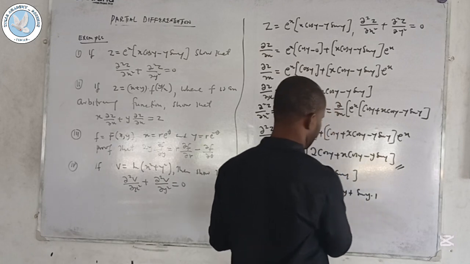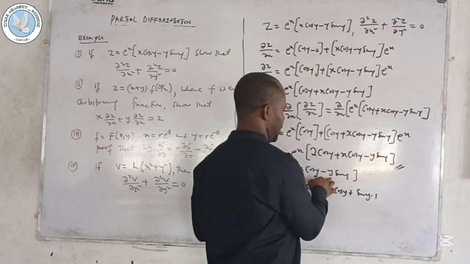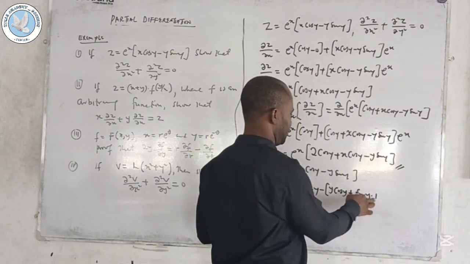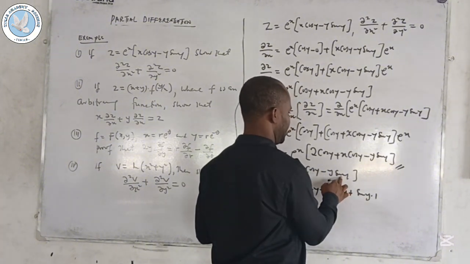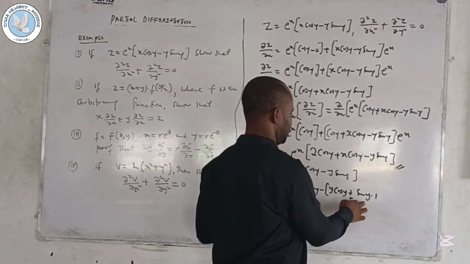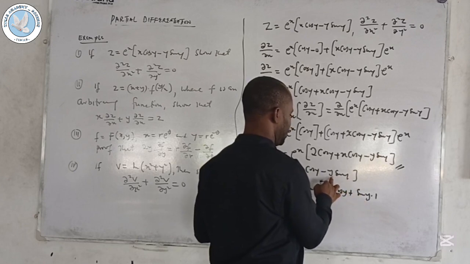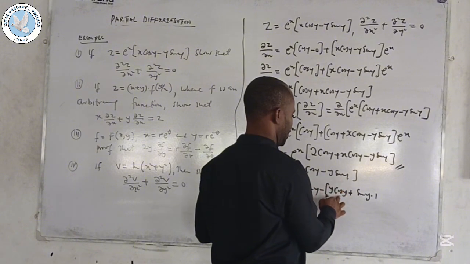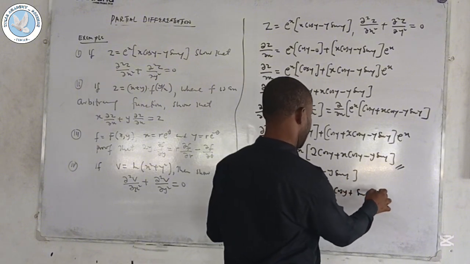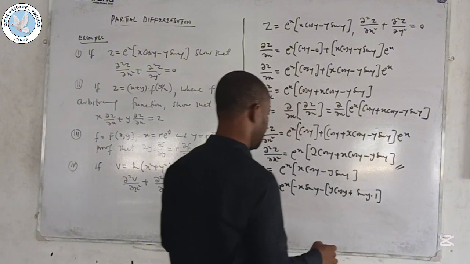That is, we differentiate y. At this point, you're having this when you multiply sine y with this. And also, if you retain this and differentiate this, you're having cos y. So that is why it is like that.